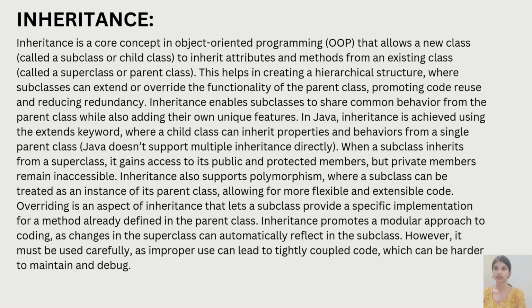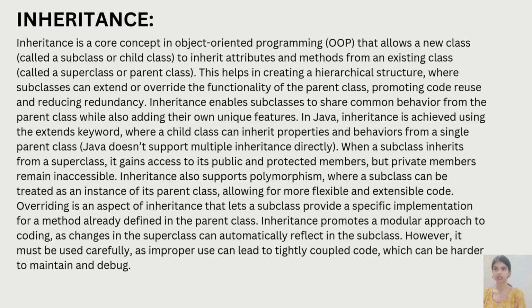Inheritance also supports polymorphism, where a subclass can be treated as an instance of a parent class, allowing more flexible and extensible code. Overriding is an aspect of inheritance that lets a subclass provide a specific implementation for a method already defined in the parent class.